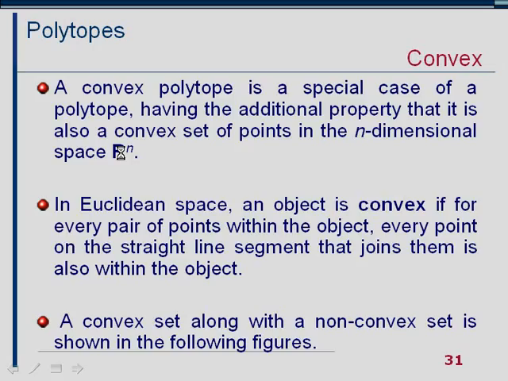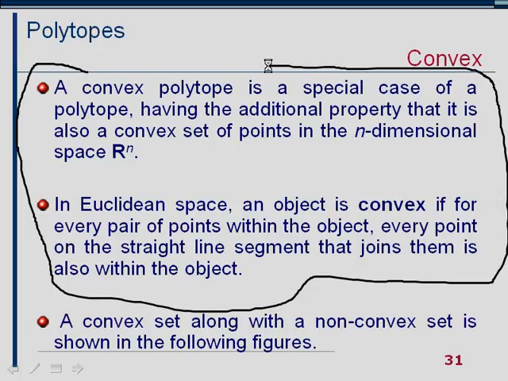Okay, so in Euclidean space, an object is convex if for every pair of points within the object, every point on a straight line segment that joins them is also within the object. So a convex set along with a non-convex set is shown in the following figure. These definitions are a little ambiguous unless you really understand what convexity and non-convexity mean.